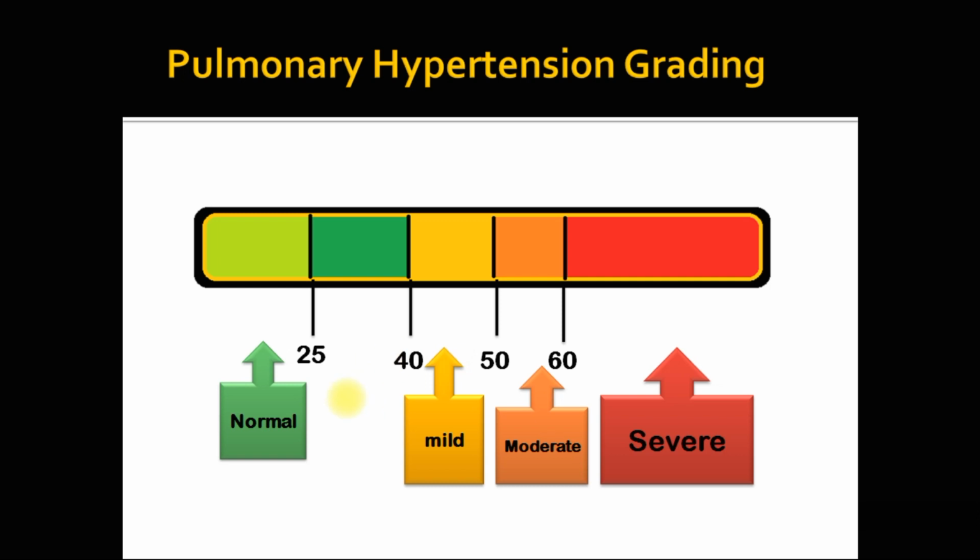The pressure we estimate in echo is the systolic pressure, not the mean pressure. When we have a value between 40 and 50, that means mild pulmonary hypertension, 50 to 60 moderate, and more than 60 millimeter mercury is severe pulmonary hypertension.